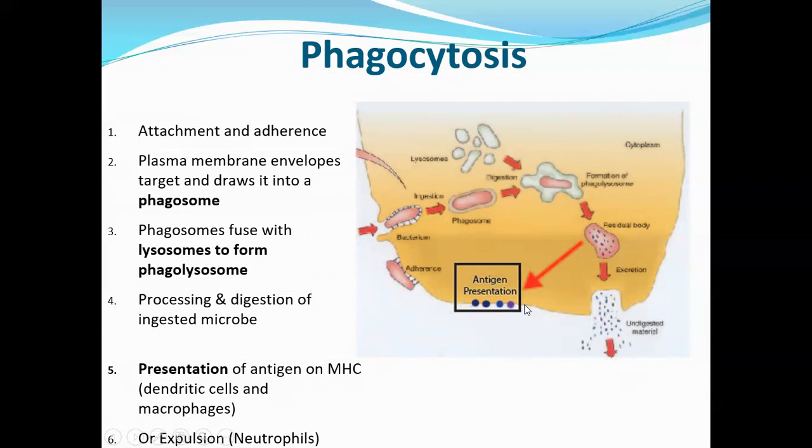This I will talk about in more detail in a later lecture, because this is the key process whereby the adaptive immune system gets activated. This process is called antigen presentation, because in this process, various components of that bacterial cell are presented to the T helper cells, to the T lymphocytes.